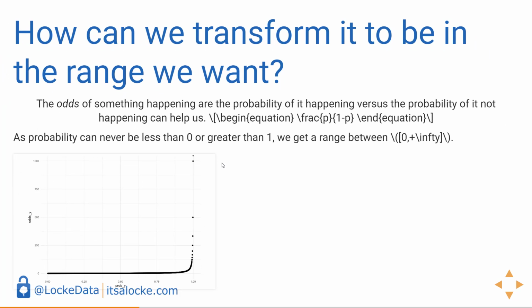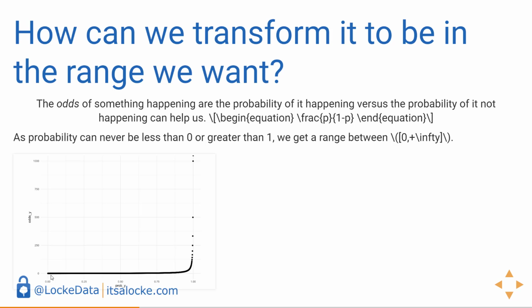And all my LaTeX is not working right now, so I apologize. But the odds of something happening is the probability of it happening divided by the probability of it not happening, which means if somebody had a probability of surviving of 100%, then that would be 1 divided by 0, so they'd have a plus infinity odds.